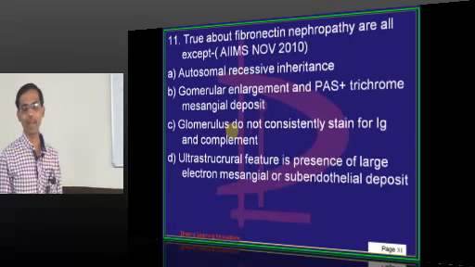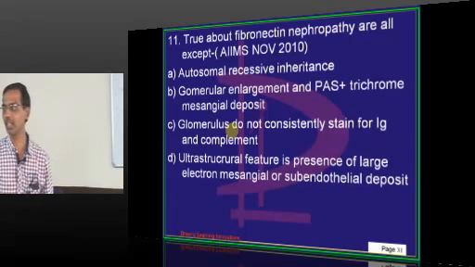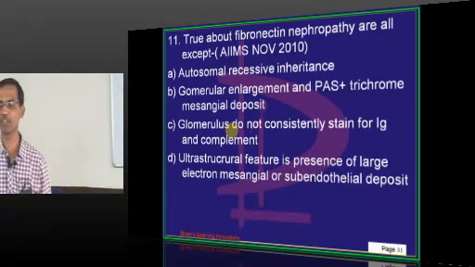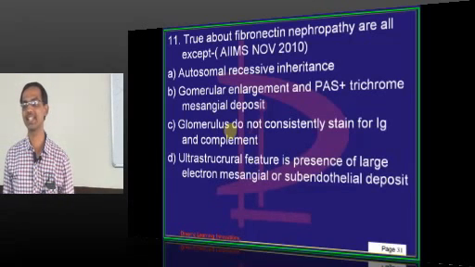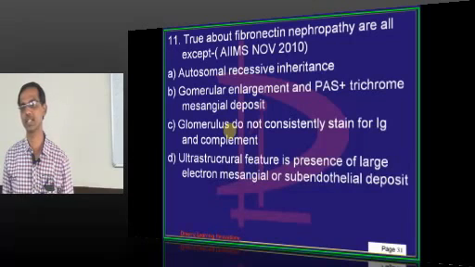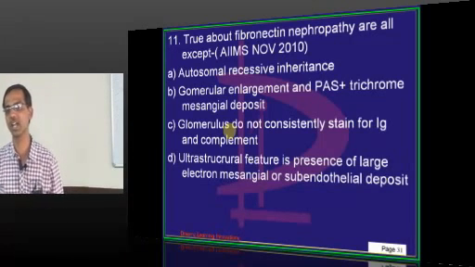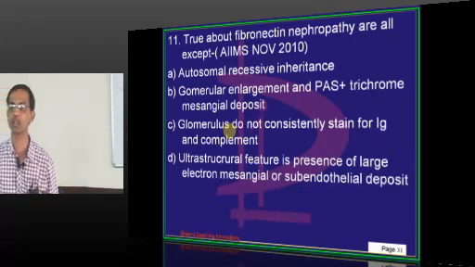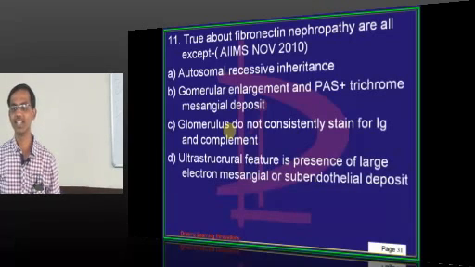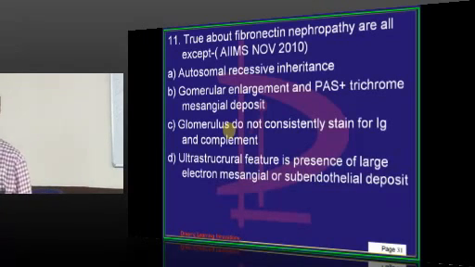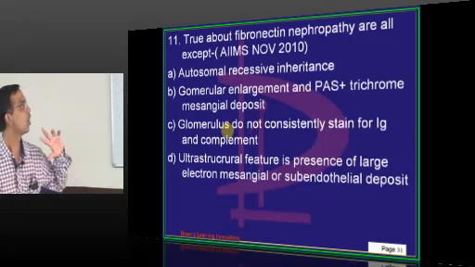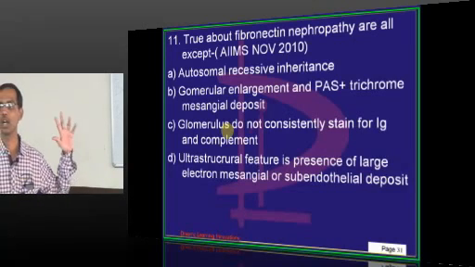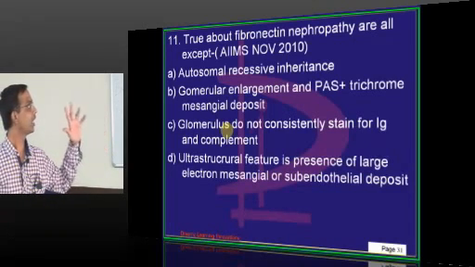Now, fibronectin nephropathy is a special type of nephropathy where a molecule which is present in the basement membranes and ground substance of the intercellular matrix, called fibronectin, gets deposited in the glomeruli. This generally does not elicit an antigen antibody reaction. So you are not going to find a lot of immune complexes which stain for immunoglobulins or complement activation. So they do not stain for immunoglobulin or complement.